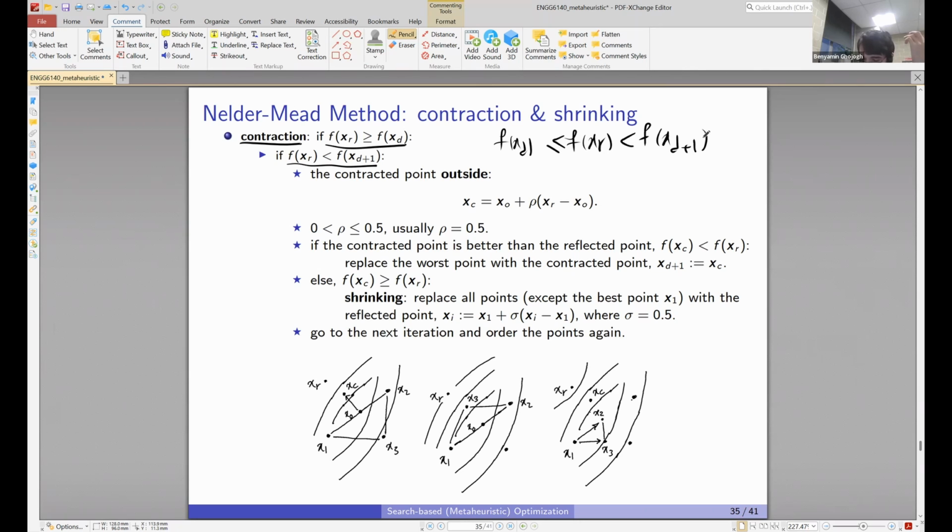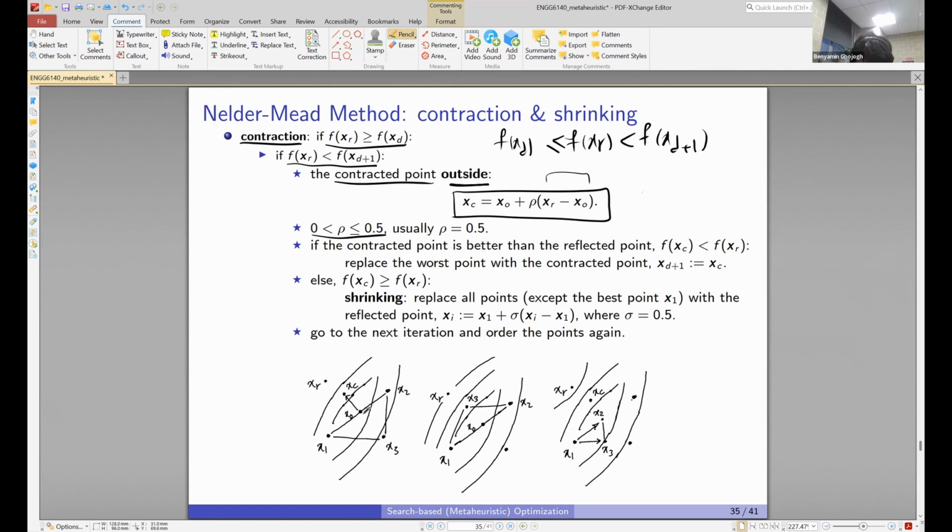Then what do we do? We define this contracted point outside. What is this? Let's see. It means that starting from XO, go in this direction. What is this direction? The direction of XO toward XR. Go in this direction, starting from XO, with a factor of rho, where rho is between 0 and half.